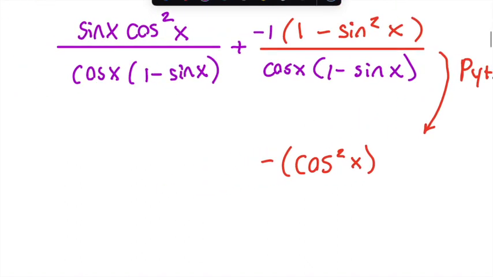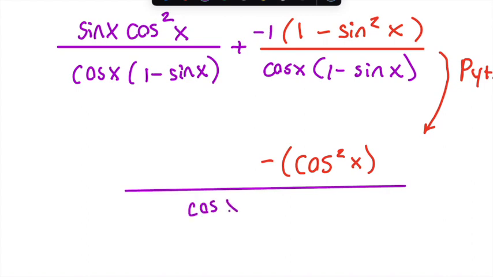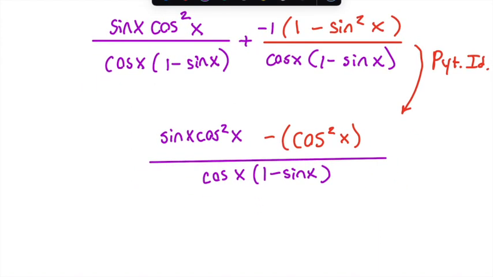Okay, I'm going to go ahead and rewrite this as one single fraction now. I'm going to go cosine x and then 1 minus sine of x like that. And then I'll drop down the sine x and the cosine squared x. Now this is kind of like the last problem that we saw, that both of these terms in the numerator both have a what?